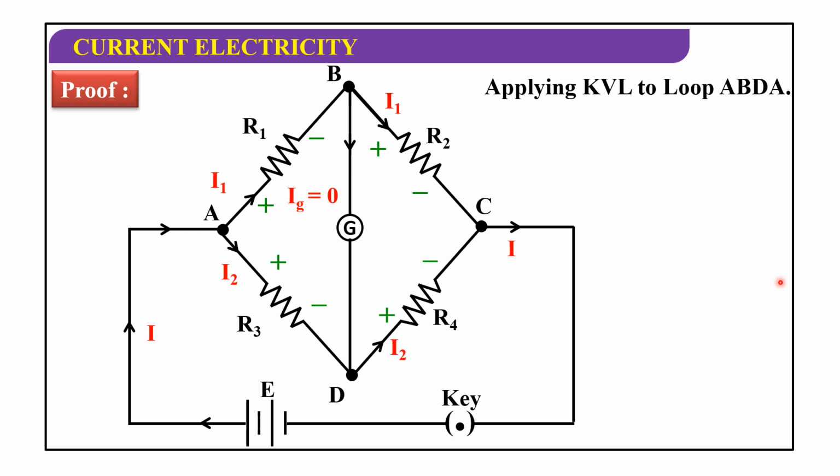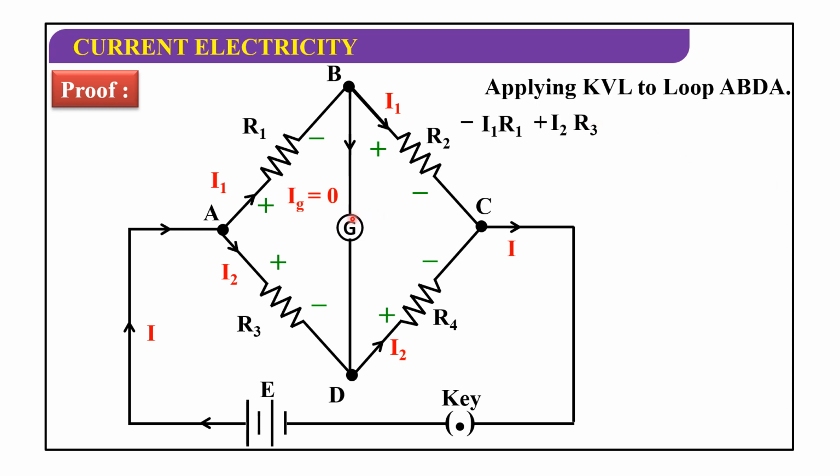Applying KVL, Kirchhoff's voltage law, to the loop ABDA: minus I1 R1, note the sign convention, plus I2 R3.